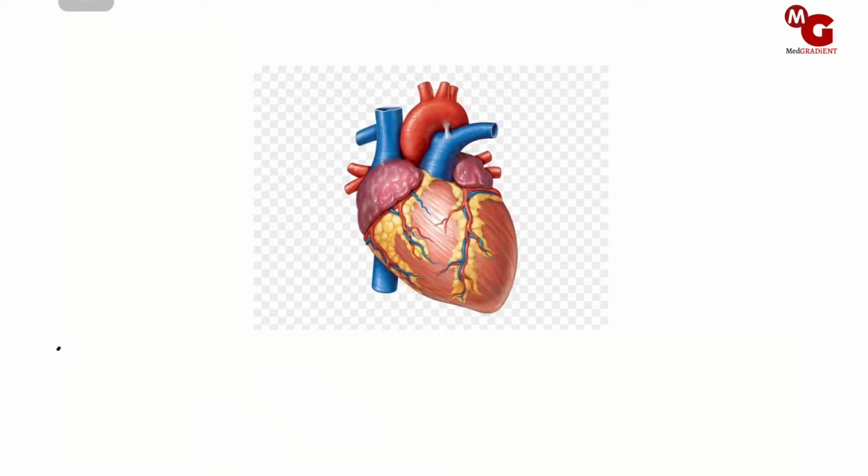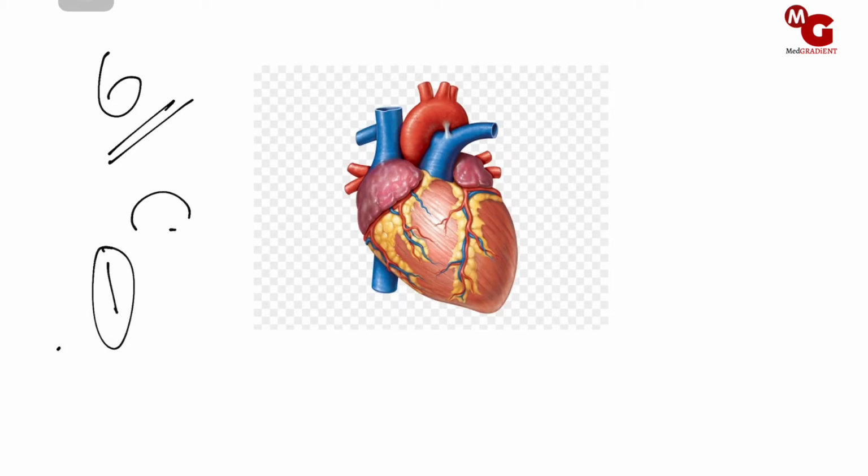With my experience, I have planned to explain six structures that you need to remember. If you know these six structures exactly, then even if you know just one structure, you will be able to locate the other five structures externally.